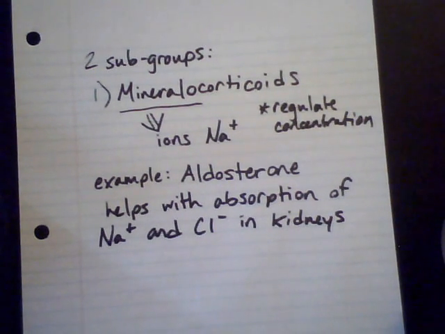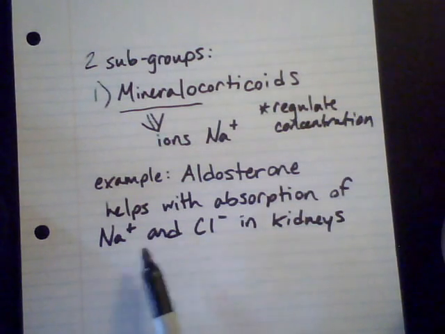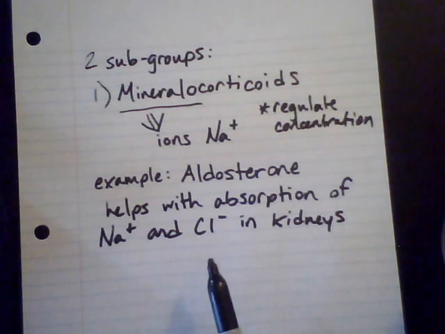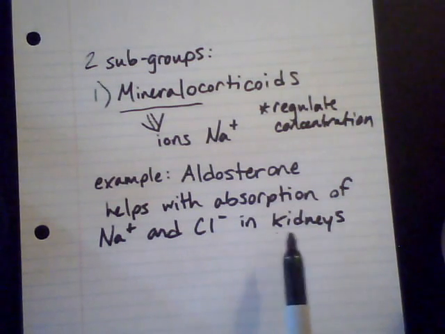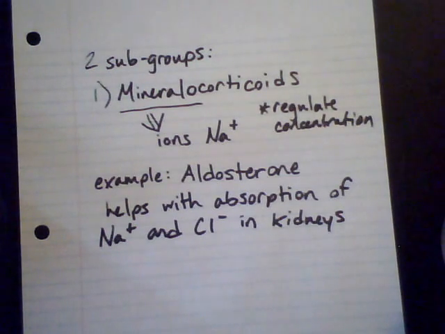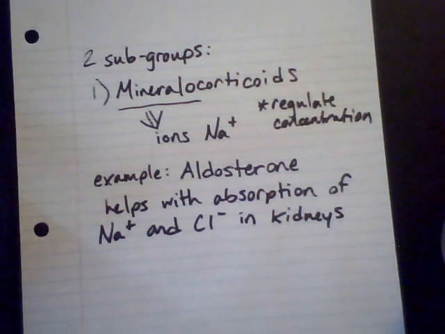So when you have table salt, when you have salt on your food, then that breaks apart in your body into sodium ions and chloride ions, and then your sodium and your chloride is absorbed into your kidneys. And one of the things that helps to facilitate that is aldosterone. So this is one of our mineralocorticoids, and it looks like this.